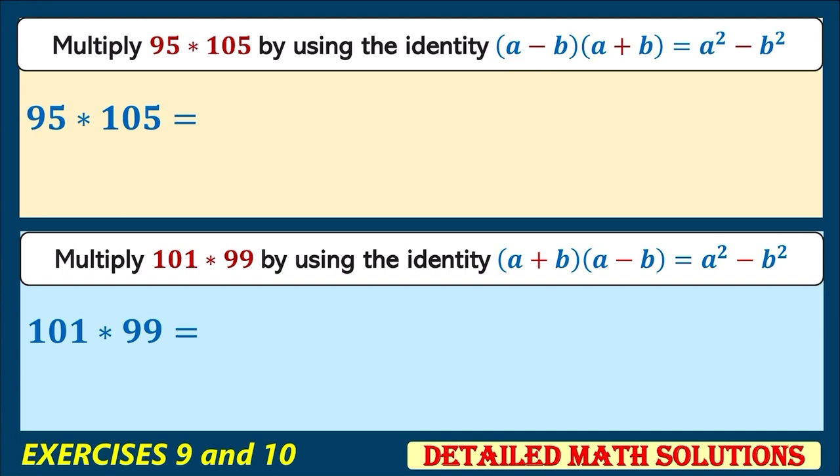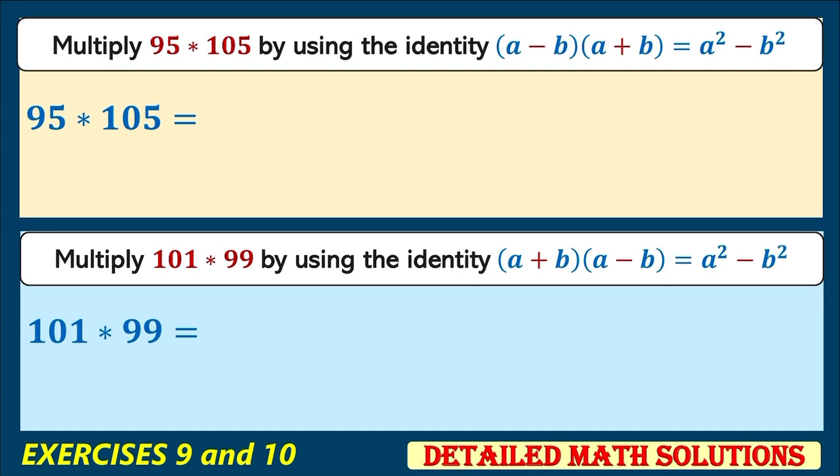First exercise. Multiply 95 and 105 by using the identity (a minus b) multiplied by (a plus b) equals a squared minus b squared. To use the identity, I need to write the first number 95 as a difference of two numbers, and then write the number 105 as a sum of the same two numbers.